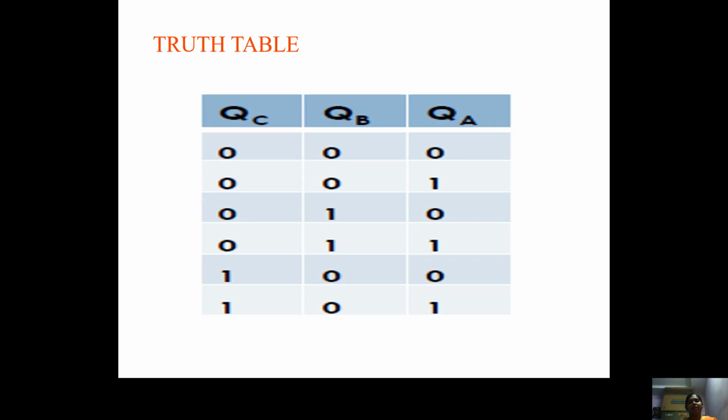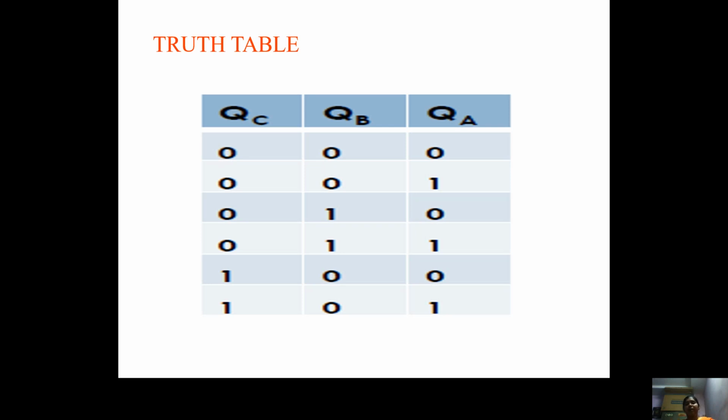Initially the flip-flops are at reset condition, so the QC, QB, QA values are 0 0 0. After the first clock pulse the count is 1, after the second clock pulse it is 2, after the third clock pulse 3, after the fourth clock pulse 4, and after the fifth clock pulse 1 0 1.